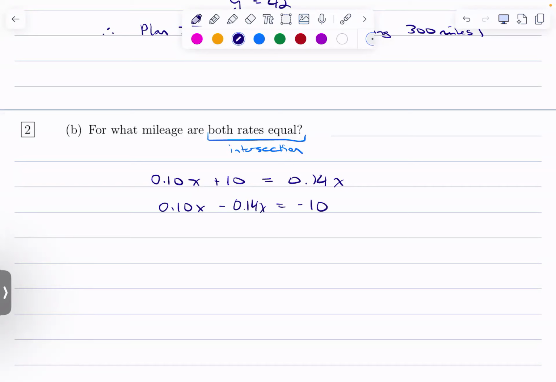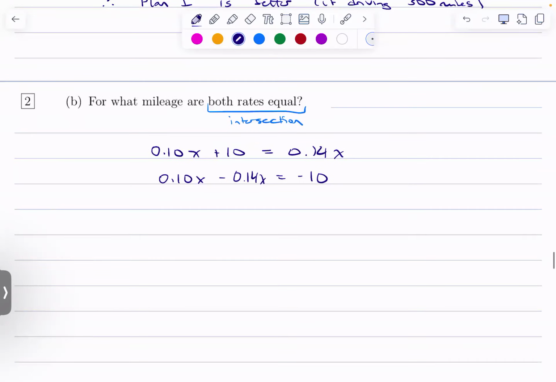Then 0.1 minus 0.14 is -0.04 times x is -10, which means x is -10 divided by -0.04, which puts me at a nice clean 250 miles.